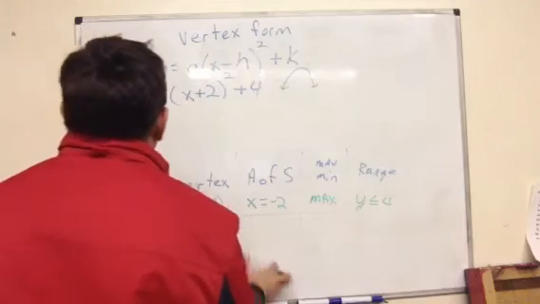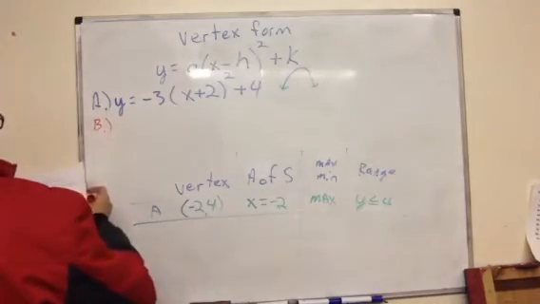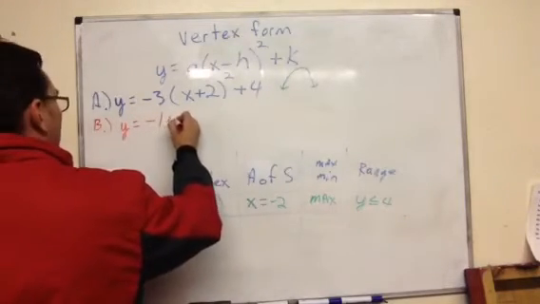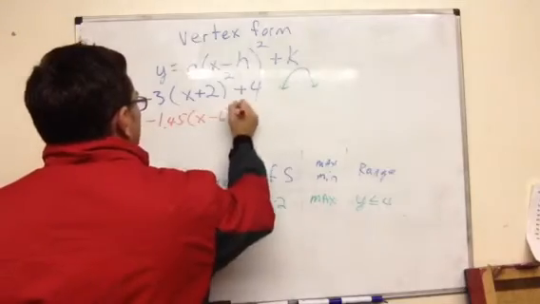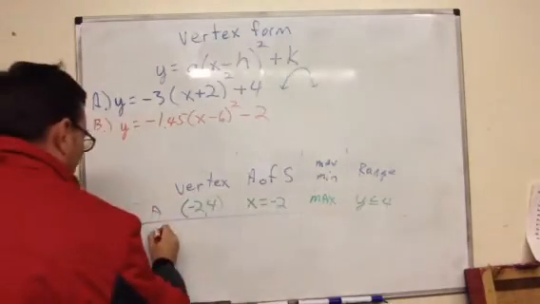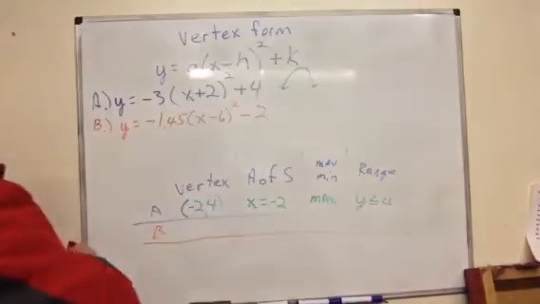Now let's look at letter B. Put this one in red. We have y equals negative 1.45 times (x minus 6) squared minus 2. So let's find our vertex.